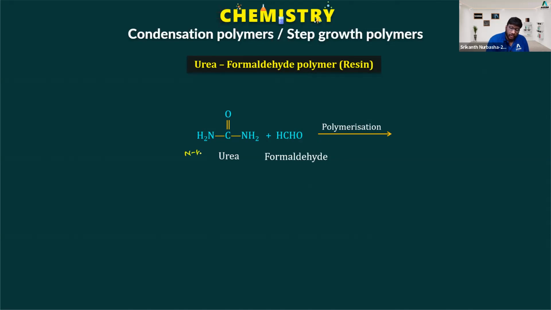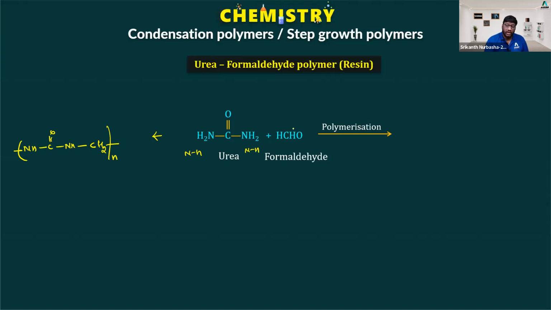Here the NH bond is going to be cleaved, and here CH2OH will be formed. So NH is going to be involved in the linkage, C double bond O, NH, and you have CH2OH formed. Once the CH2OH is formed, the CO bond is cleaved in this scenario.